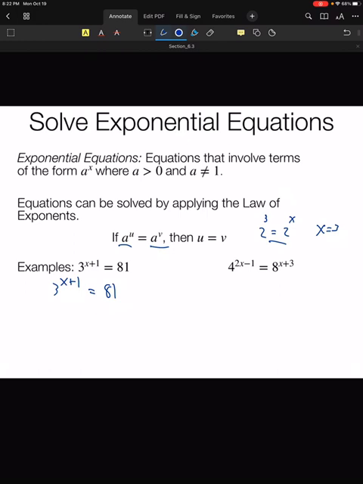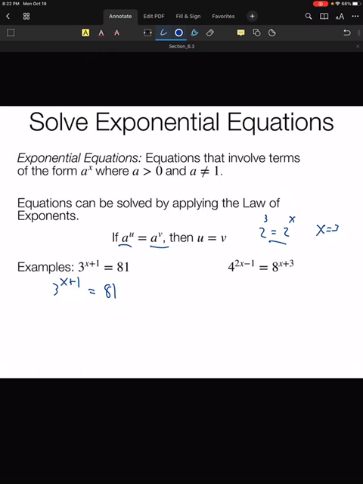They need to have the same base in order to apply this law of exponents. And so I need to change either 3 or 81 to be in terms of the other, to get the same base.